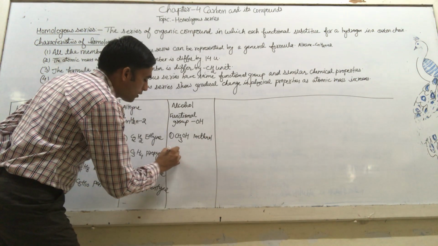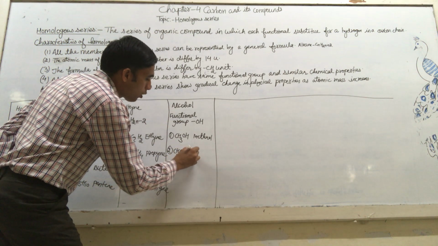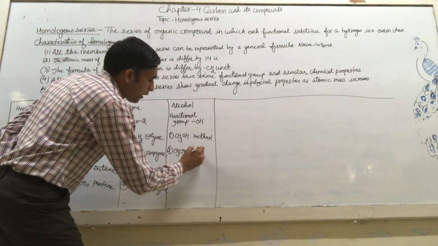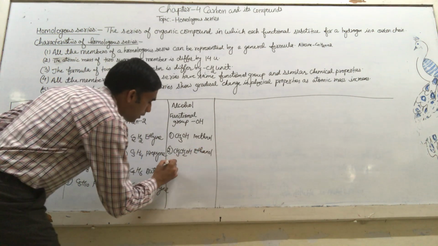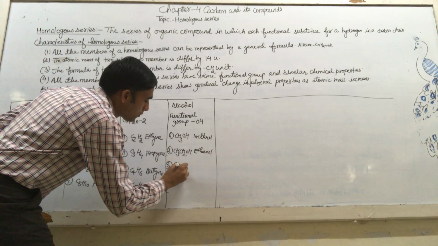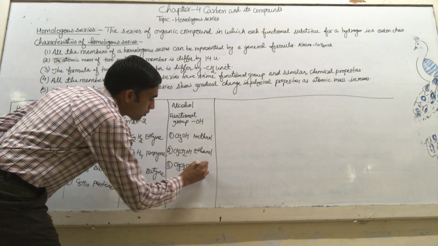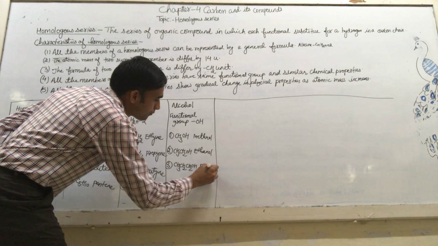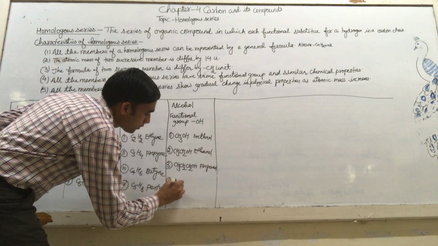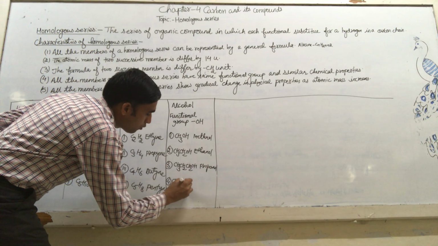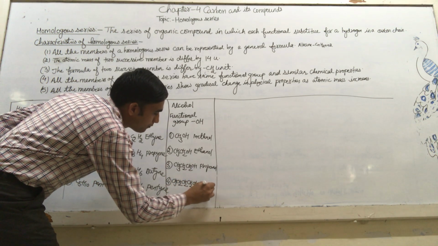The second member is CH3CH2OH, ethanol. The third member is CH3CH2CH2OH, propanol, and the fourth member is CH3CH2CH2CH2OH, that is butanol.